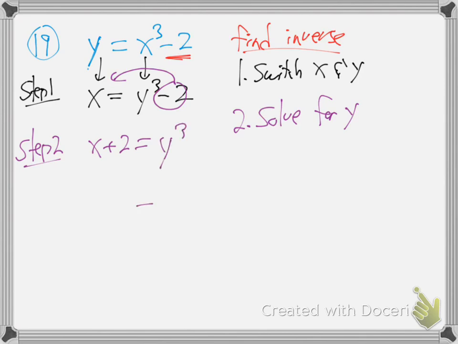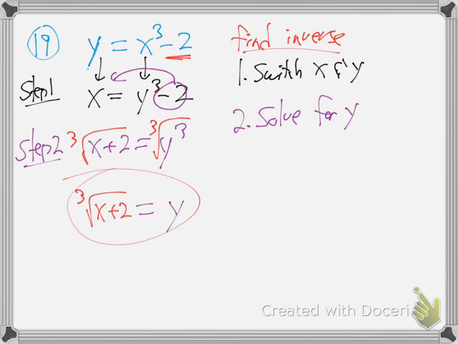And then how do you turn that into just normal y? Cube root is the opposite of third power. So there it is: cube root of x plus 2. That's the inverse function. Good. So how do you find an inverse function? Switch x and y, solve for y.